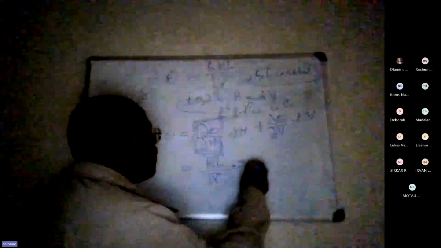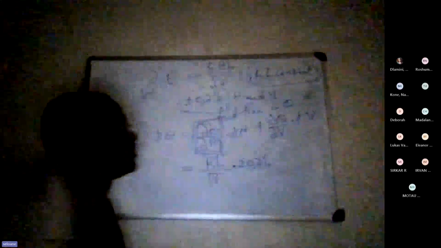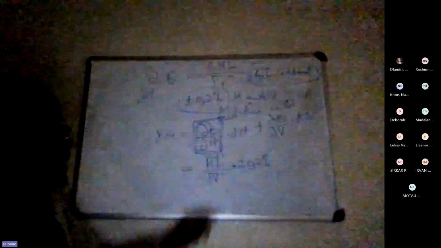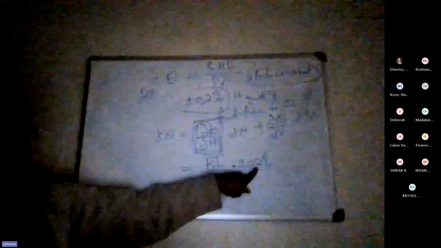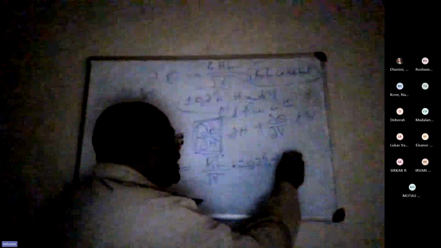Therefore, instead of this, the error in H, now we're going to say plus or minus 0.2%. But be careful. This is plus or minus 2% in measuring H.